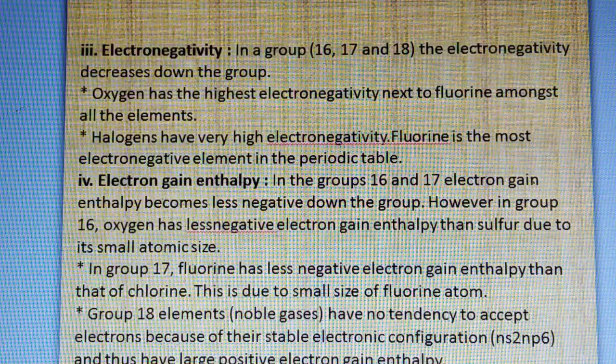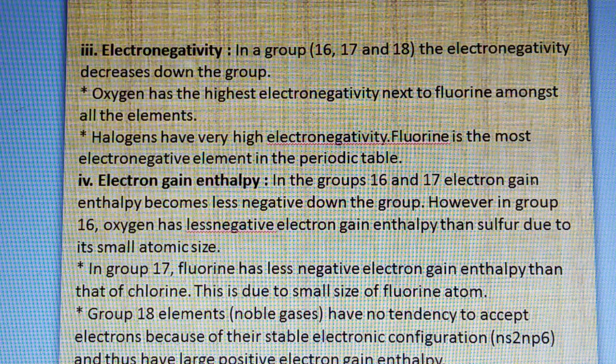The next property is electronegativity. What is electronegativity? It is the ability of an atom of an element to attract the shared pair of electrons towards itself. In groups 16, 17 and 18, electronegativity decreases down the group.